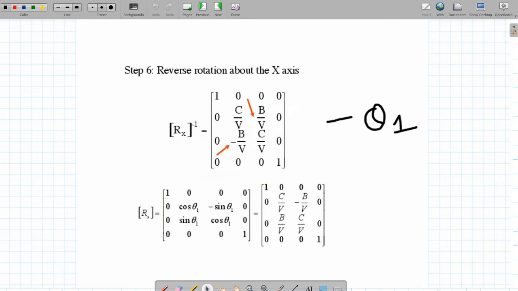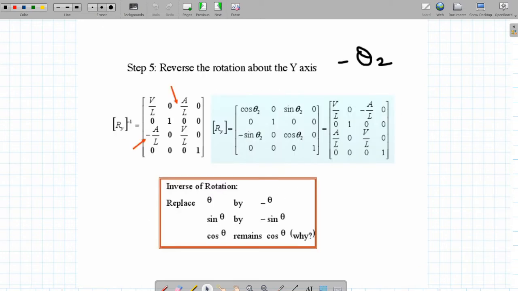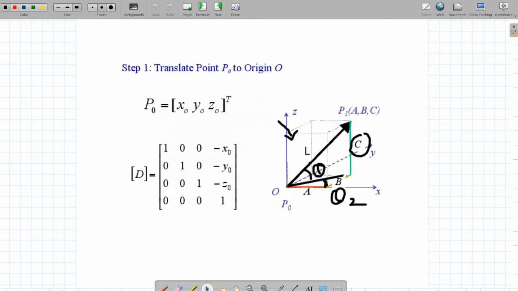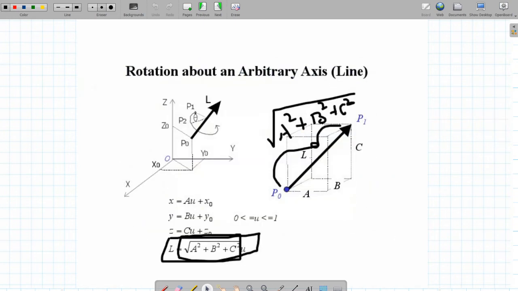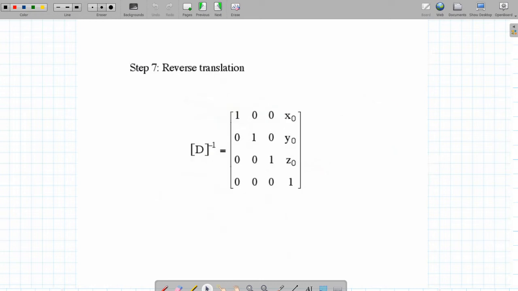This is going to be your rotation matrix. Lastly, you need to translate everything back so that you get your arbitrary axis back where it used to be. That means you need to apply a translation by x0, y0 and z0.